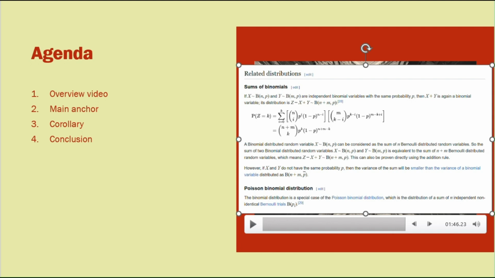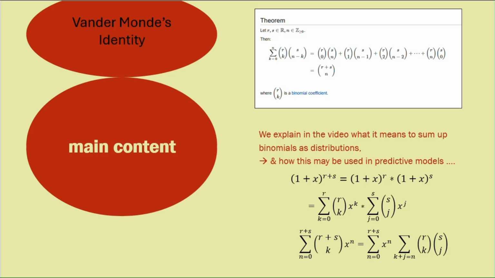Alright, so there we've tried to explain how you can add up two binomial variables and get a third binomial variable, that is X plus Y. So here we have this primary equation which allows us to understand the sum of binomial distributions. Of course, the main theorem here is that if you have a convolution sum of coefficients r choose k and s choose n minus k, for some fixed n, and you run the parameter k between 0 and n.